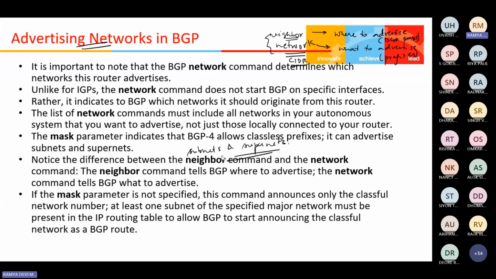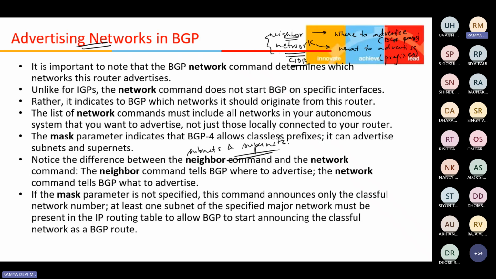So what is the purpose of a network command? The network command determines which network the router will advertise. This command does not activate BGP on the interfaces. What it does is tell BGP which prefixes should be originated from the router. The list of networks you configure must include all the prefixes that you want to advertise across your autonomous systems, not just those locally connected.